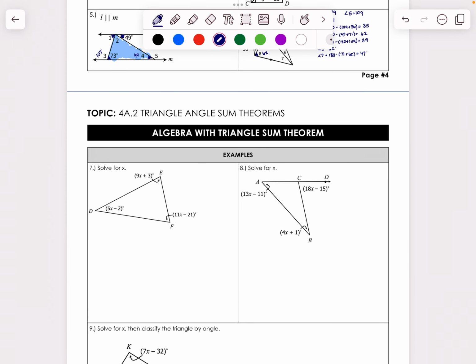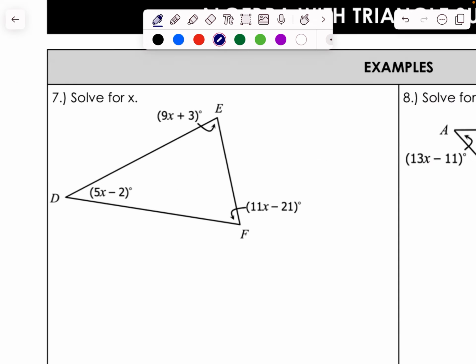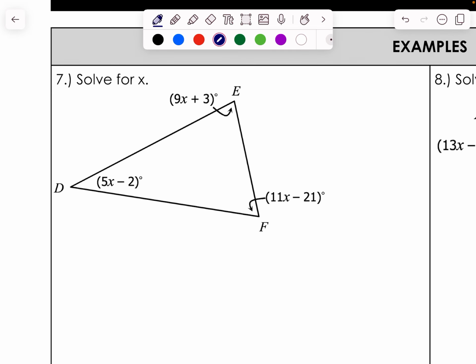Okay, so then when we add in algebra, I know that all 3 angles in a triangle equal 180. So if I add all of these up, I'm going to set them equal to 180. So I'm going to combine all my like terms.